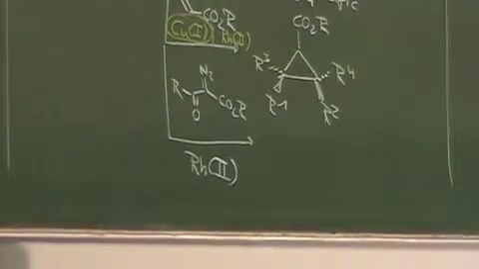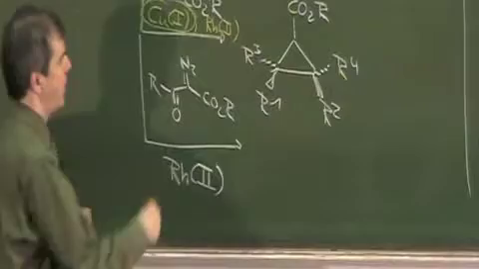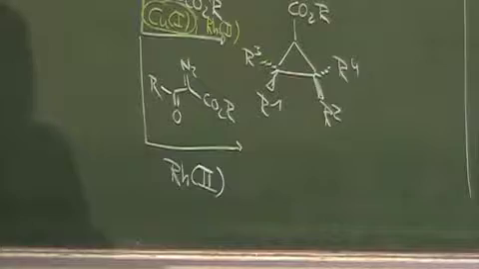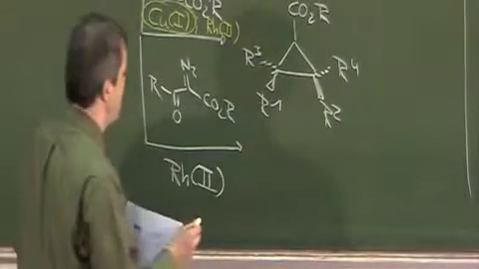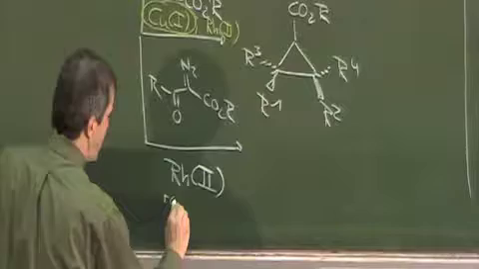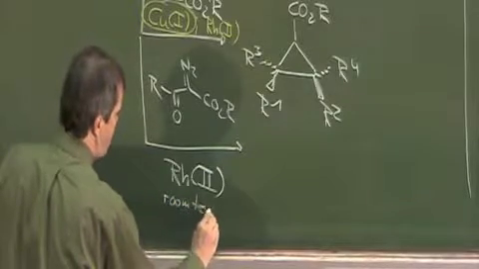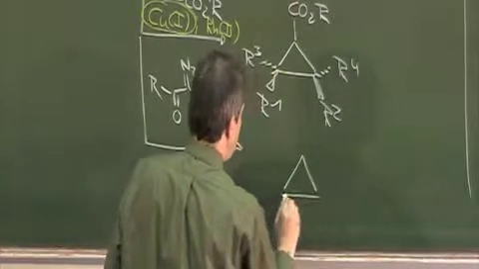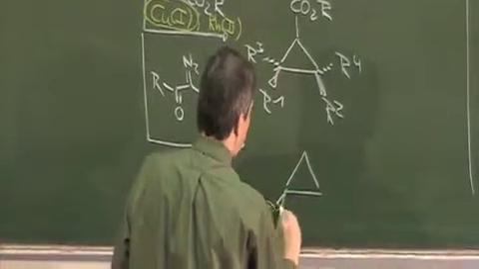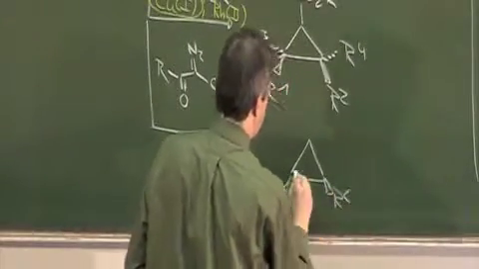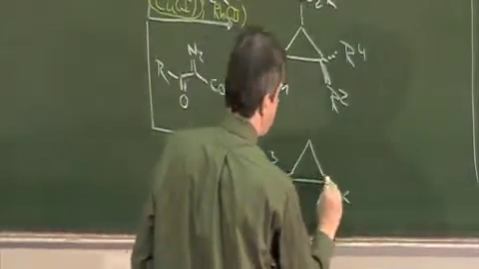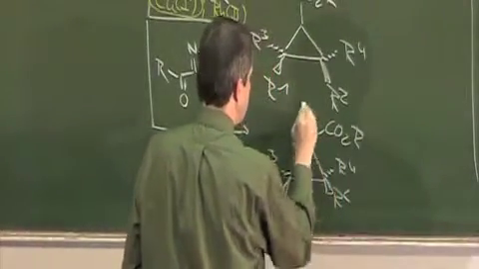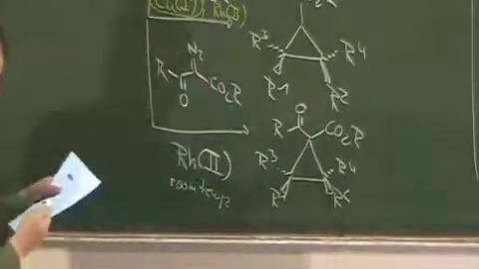Rhodium 2 is the only metal which will decompose these ones. These diazo beta-keto esters are more or less inert against copper 1. But with rhodium 2, and again, all these reactions readily take place at room temperature in all cases, cyclopropanation will then occur to form these types of adducts.